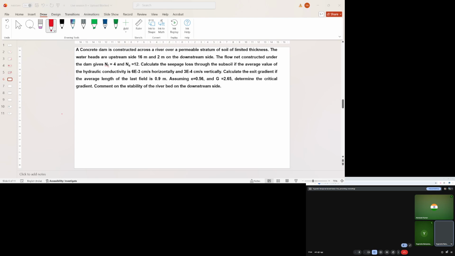Let this be the ground level. This be the concrete dam. All right. Yes. This is the concrete dam. Just to make this simple.